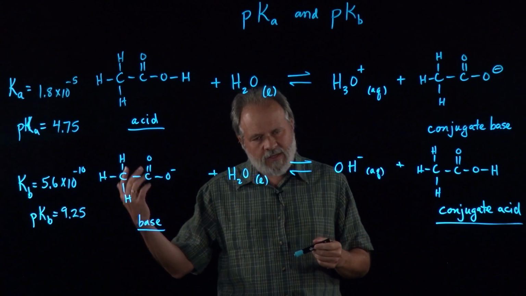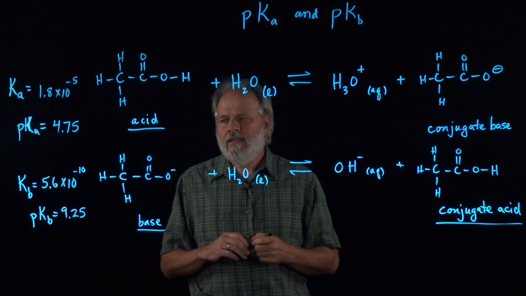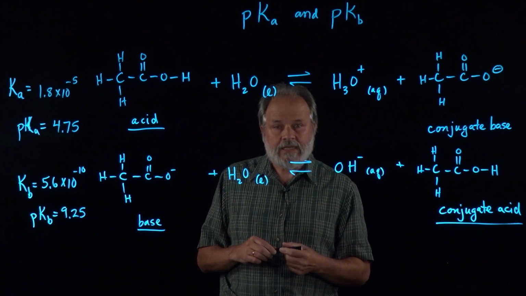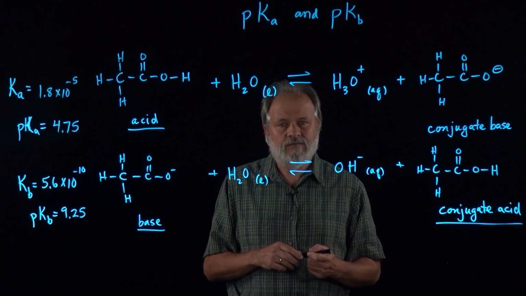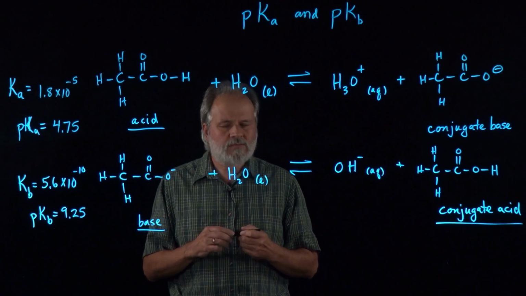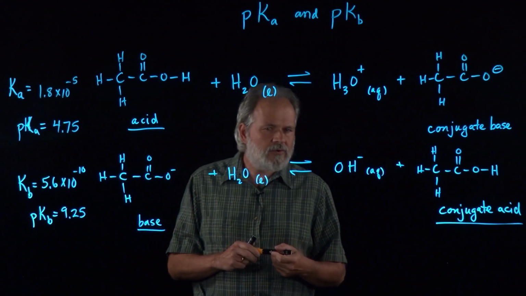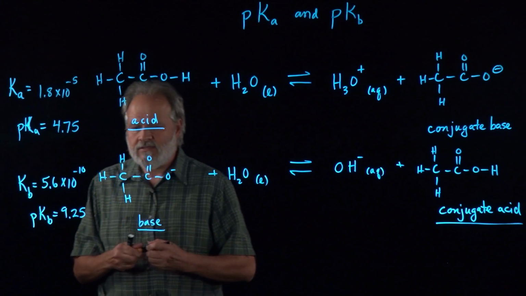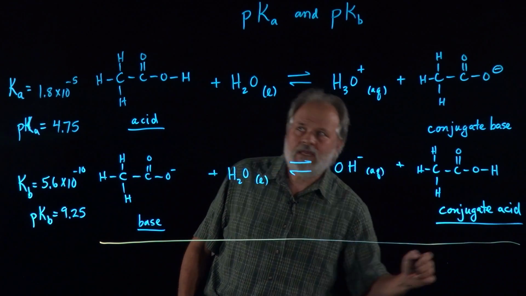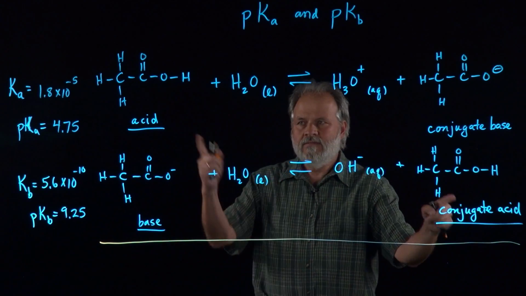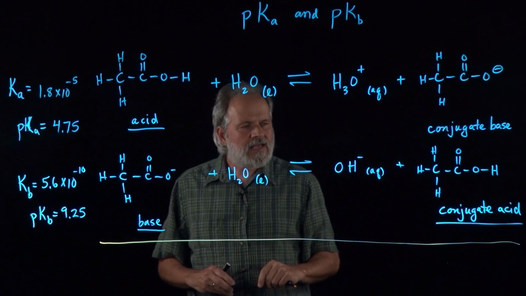Now there's a relationship between pKa and pKb, much like there was between pH and pOH. And that is that they add to 14, which means their product is 1 times 10 to the minus 14, the Kw of water. And to see why this must be so, we're actually going to add these two reactions. Remember, when you add two chemical reactions, you multiply the equilibrium constants. So, when we add these two together, the acid and the acid, they're on both sides of the equation, they cancel. The base and the base are on opposite sides and they cancel.